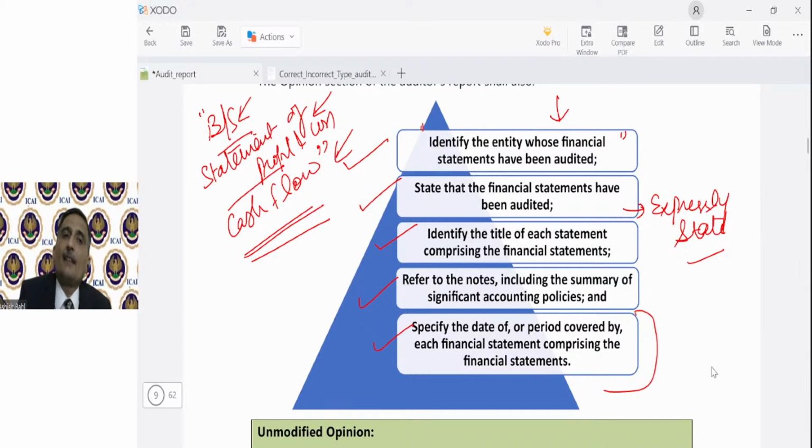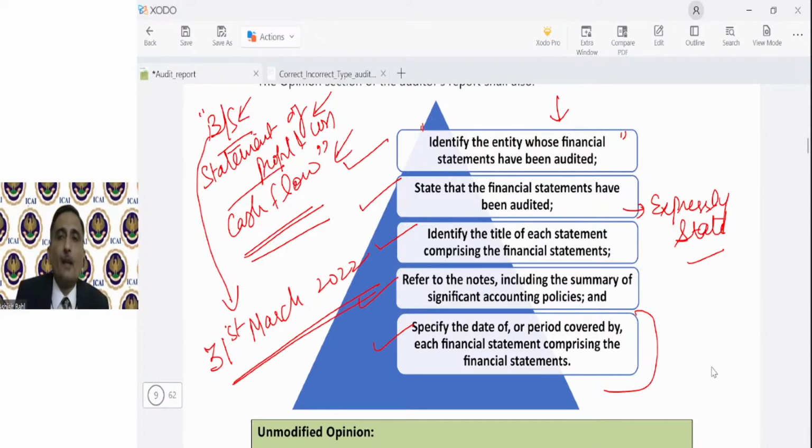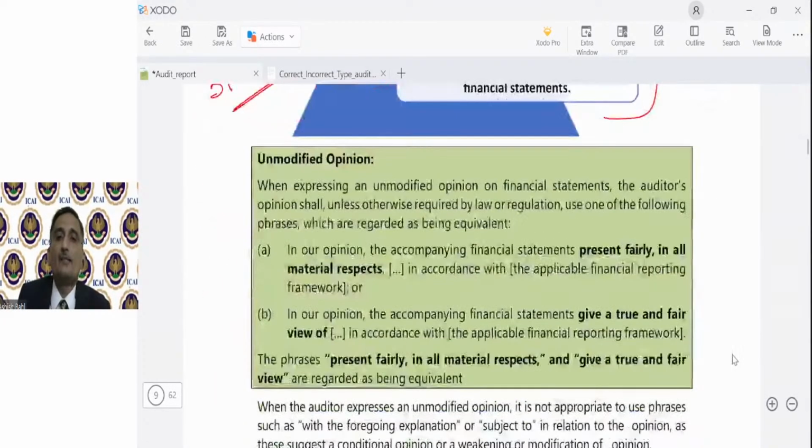Like in case of balance sheet, he would state as at 31st March, say year 2022. And statement of profit and loss for the period ending on 31st March 2022 or whatever year is there.